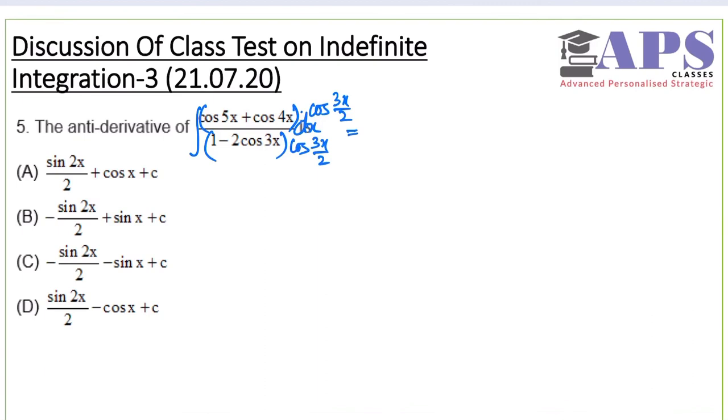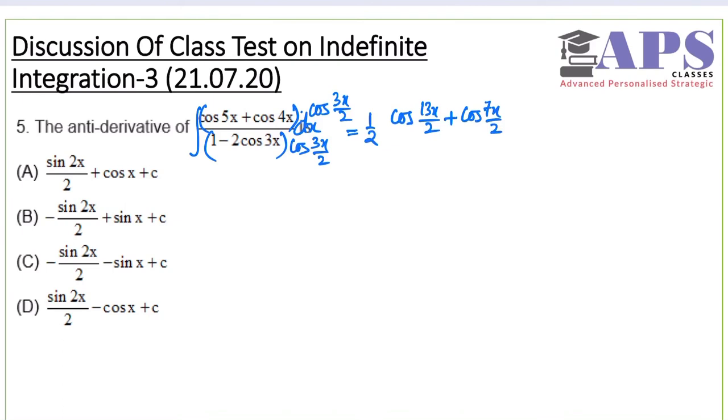So in the numerator it is cos 5x into cos 3x by 2. If I apply this formula, and there will be a half, because I want to apply the 2 cos a cos b formula. 2 cos a cos b gives us cos a plus b plus cos a minus b. So I will get cos a plus b, which is 13x by 2, plus cos a minus b, which is cos 7x by 2.